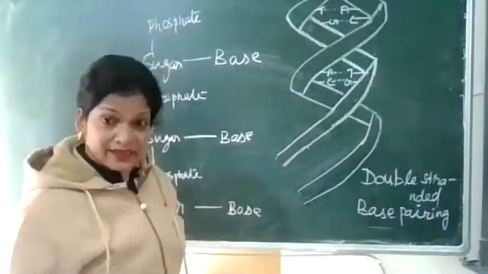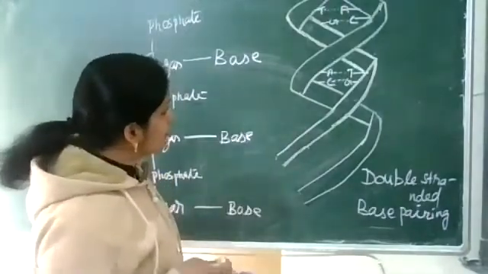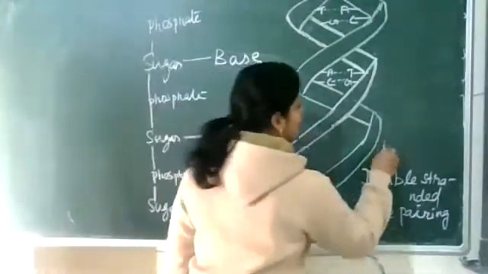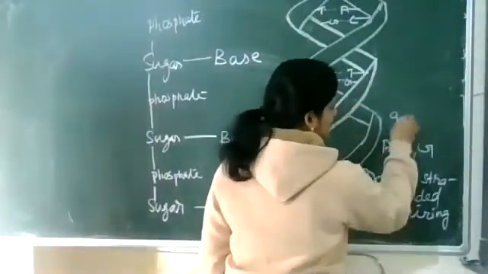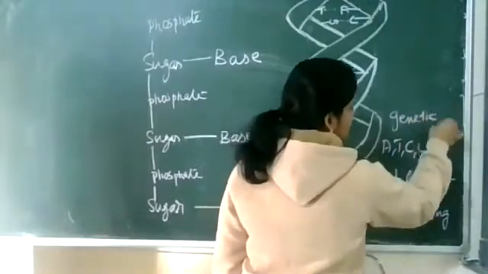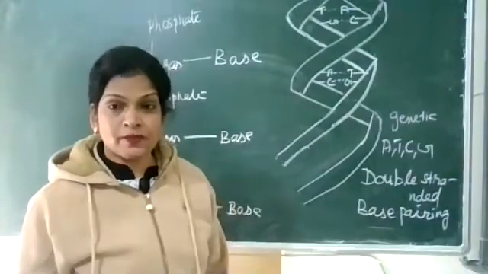It gives genetic information. So these are the bases: adenine, thymine, cytosine, and guanine. Genetic information. These are the characteristics of DNA. It gives genetic information.